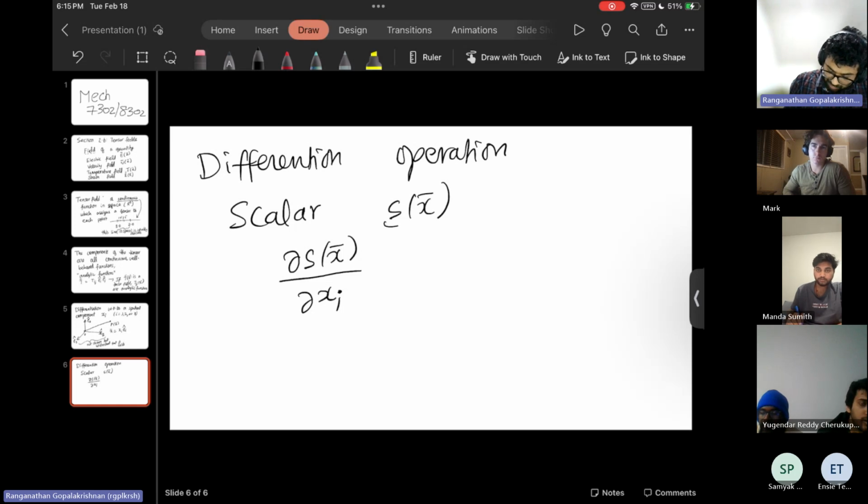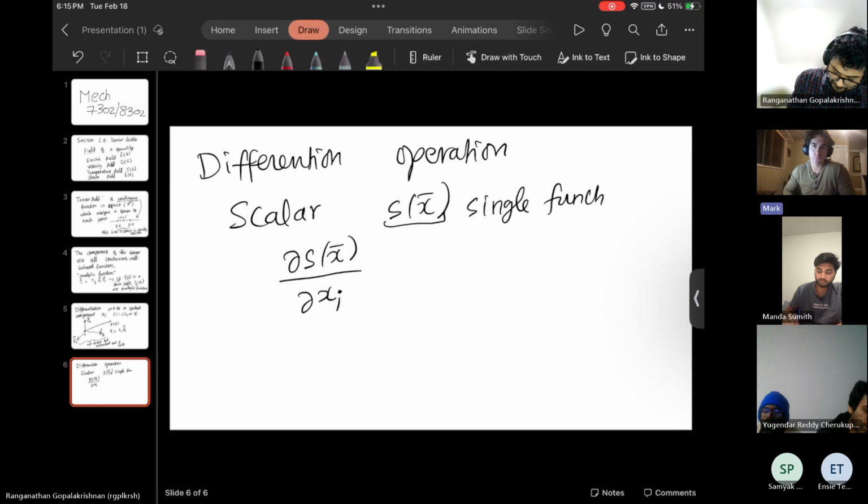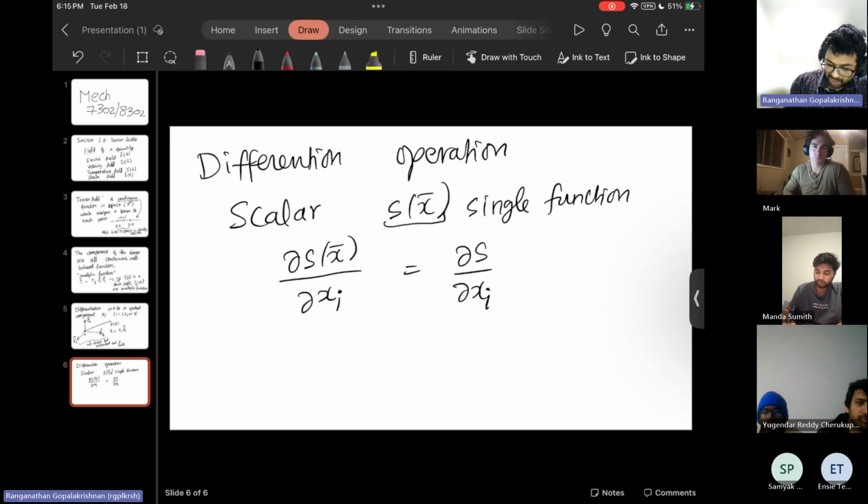So it's just a single function. So this is essentially partial S over partial Xi. And depending on how S depends on Xi, you will get some kind of algebraic function or a derivative to compute.